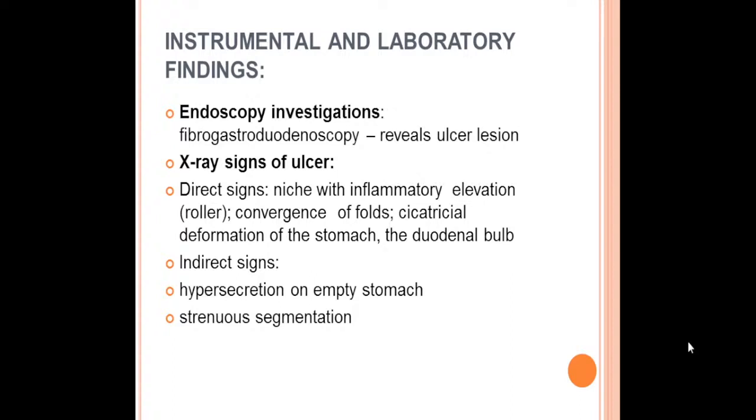X-ray signs of ulcer: direct signs, with a contrast agent, are a niche with inflammatory elevation, raw, convergence of folds, cicatricial deformation of the stomach and duodenal bulb. Indirect signs are hypersecretion on an empty stomach and spastic segmentation.